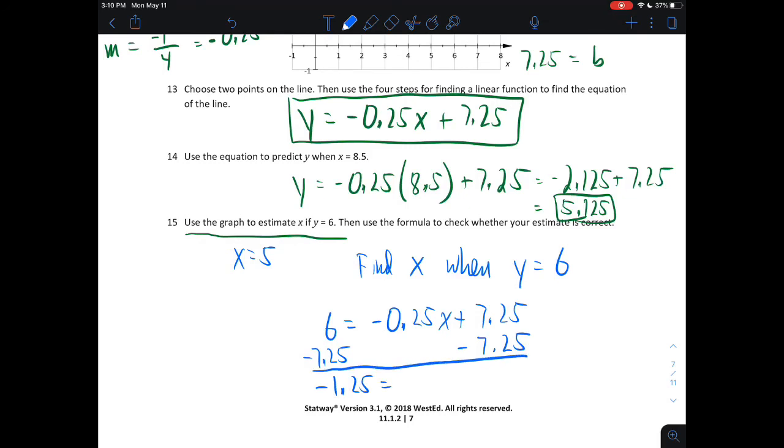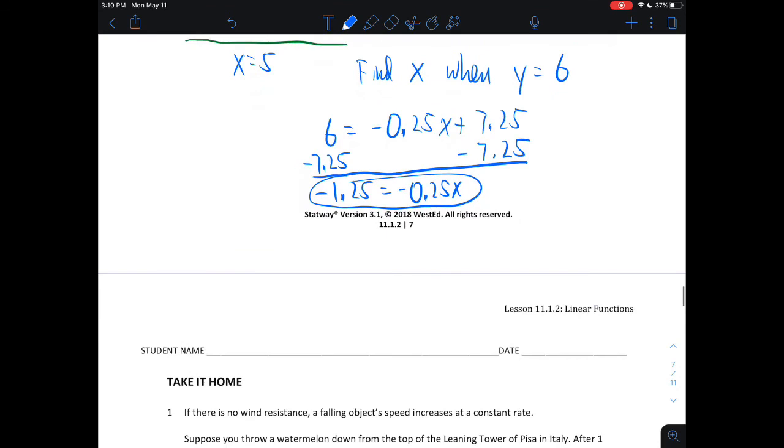Equals, and then what I had left over on the right-hand side is just the negative 0.25x. Now, just think, all right, how would I get x all by itself using opposite operations? Well, what's happening with negative 0.25 and x?